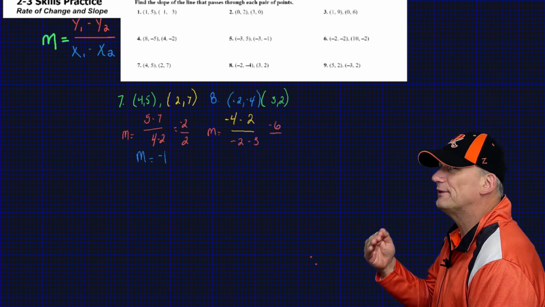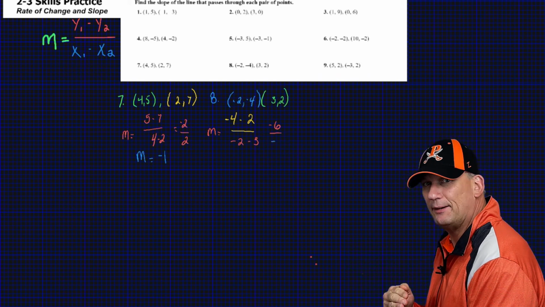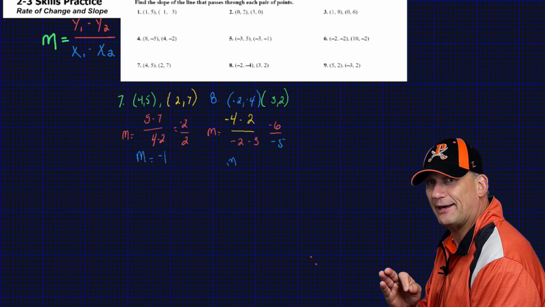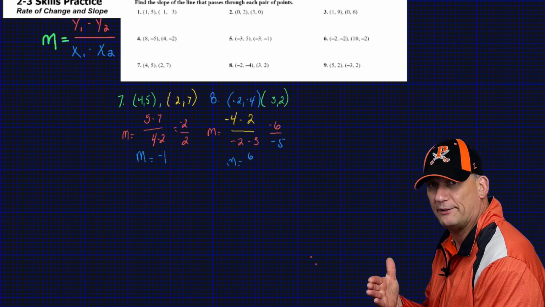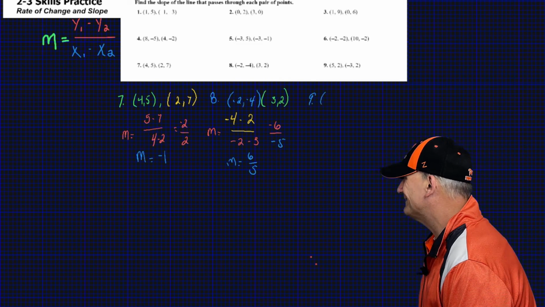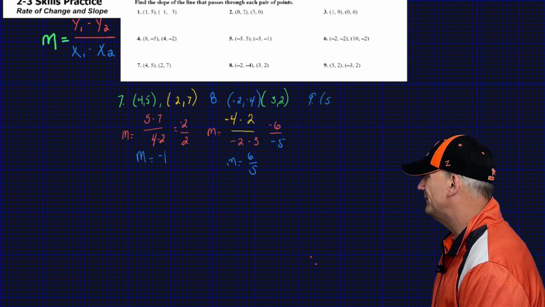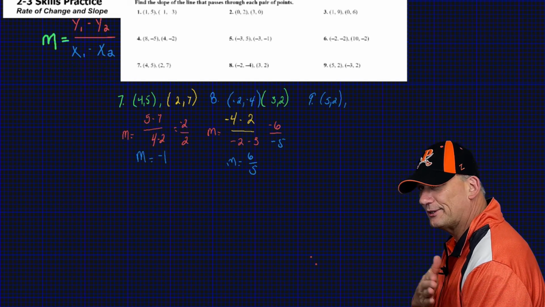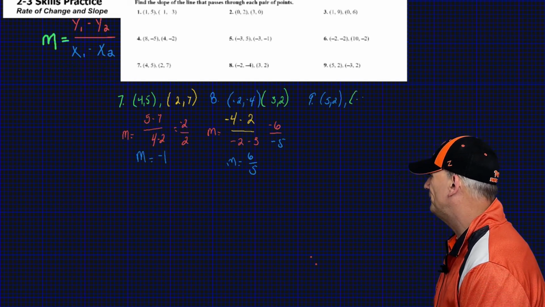Now both the top and the bottom are negative numbers. So what does that mean? Anytime we're multiplying or dividing the same signs, in the end, that slope will be positive. So a positive 6 over 5, because same signs. Multiplication and division, make sure you don't get them confused, can always be positive.